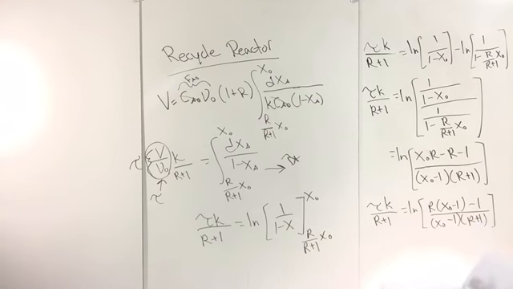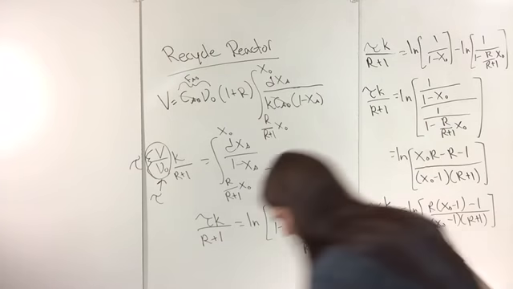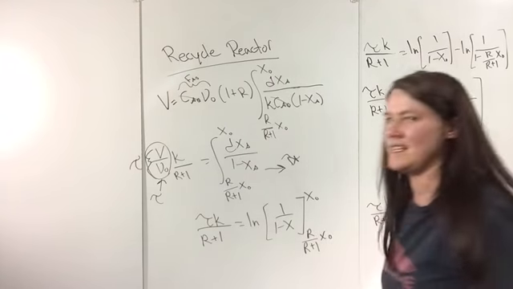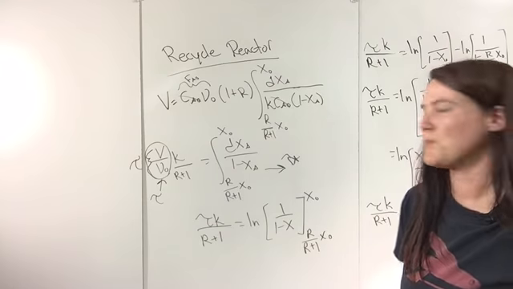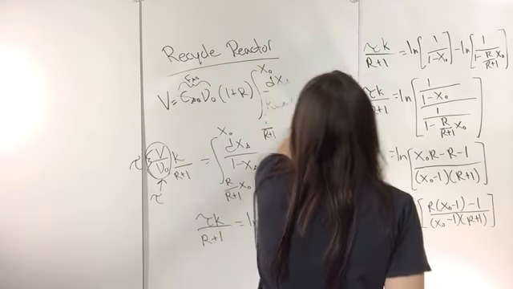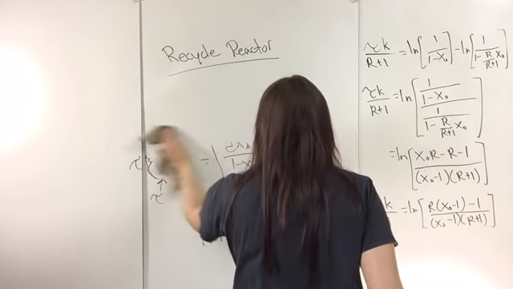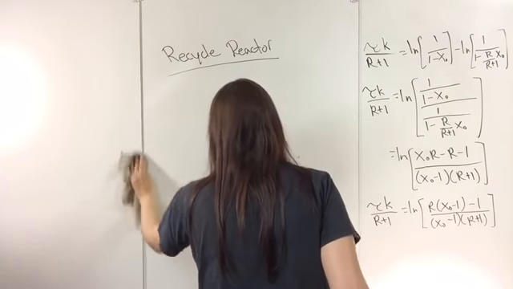I think that you could actually use this equation to solve for k, but I want to take this a step further and show you how you get this in the form that you usually see as the integrated rate expression for a first order recycle reactor, because it's really just one more step.